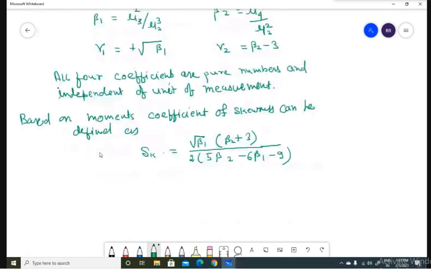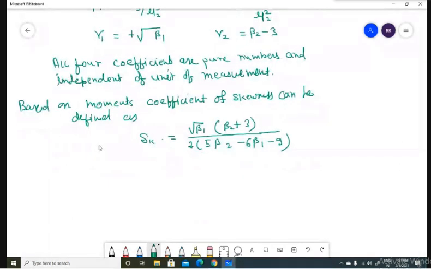In this case, Sk, the skewness, will be 0 if and only if either beta 2 will be 3 or square root of beta 1 will be 0.